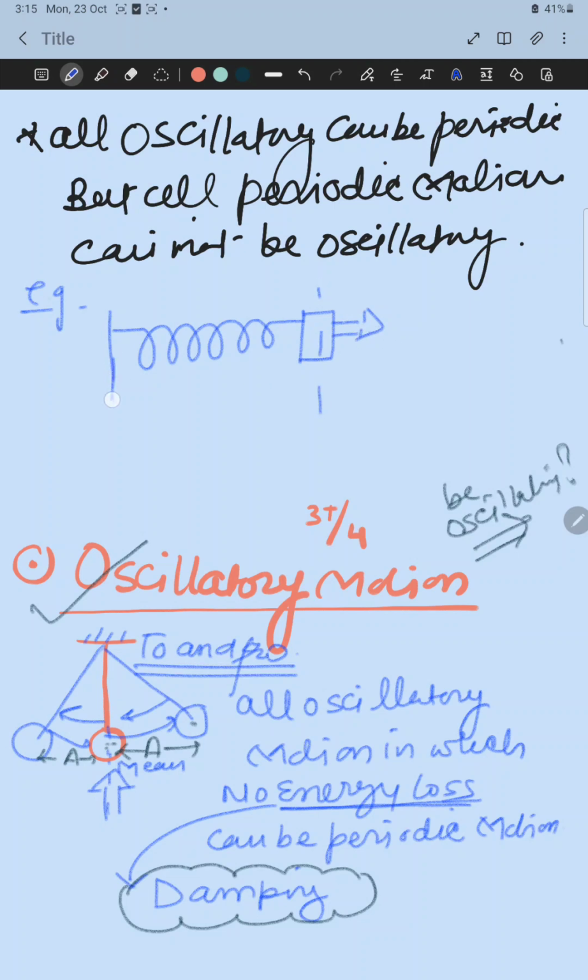This is the natural position, and if the spring goes beyond the natural position, what will happen? There is some to and fro motion. So this is also a good example of oscillatory motion.